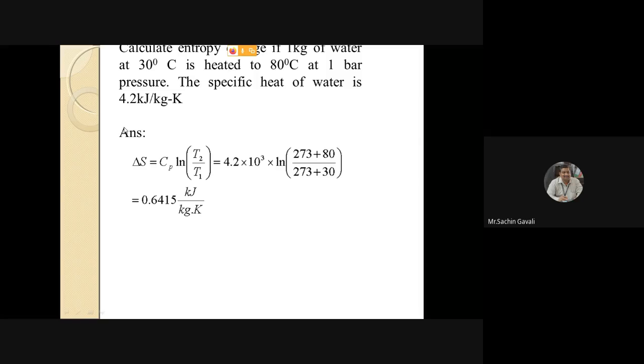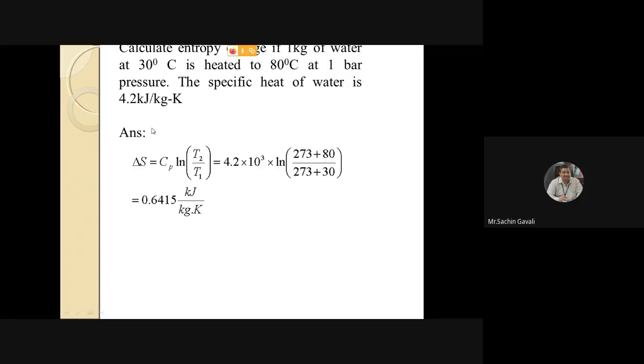Because we have less time, I will take this numerical partly. So write down: calculate entropy change if 1 kg of water at 30 degrees Celsius is heated to 80 degrees Celsius at 1 bar pressure.